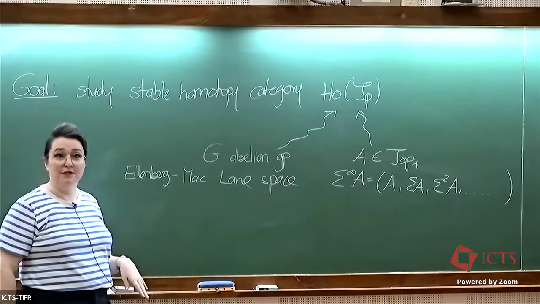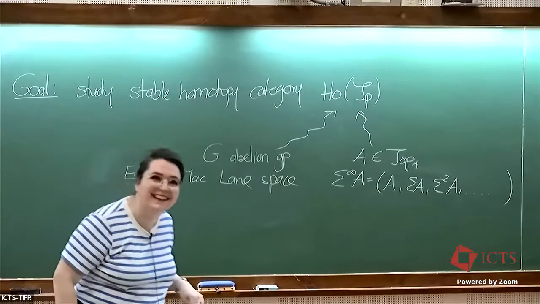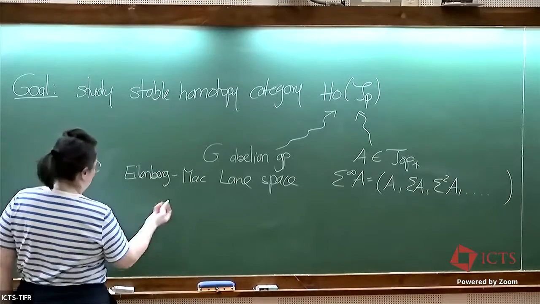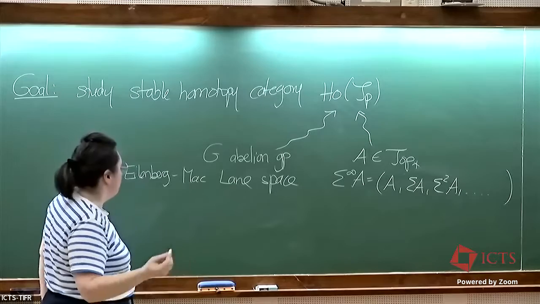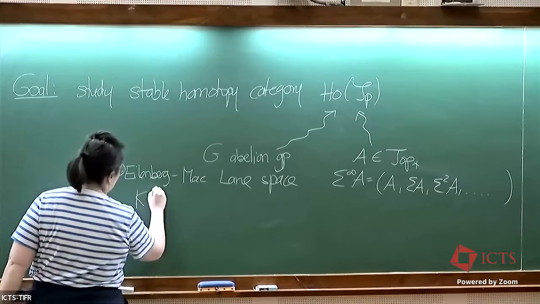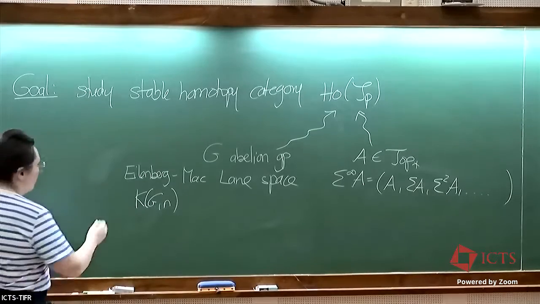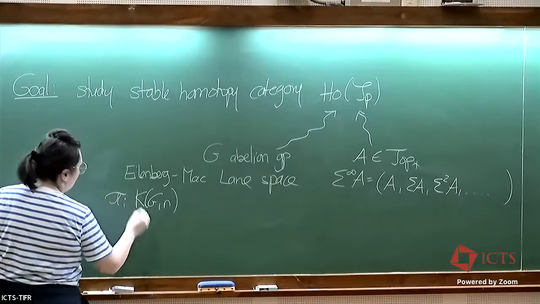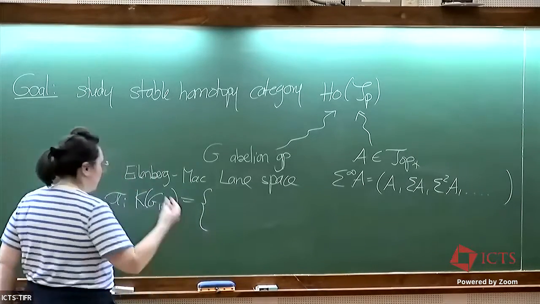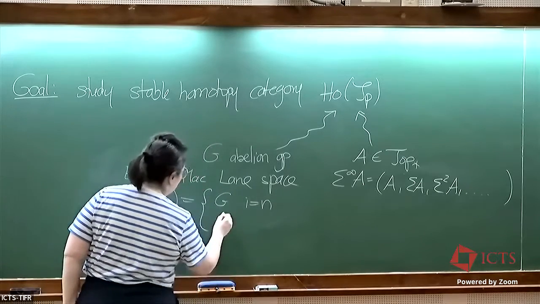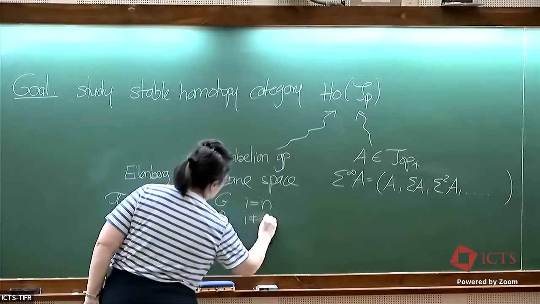No hyphen. Eilenberg-MacLane space. The nth Eilenberg-MacLane space would be a space characterized by the following: a space with one unique homotopy group, G in degree n and 0 elsewhere.